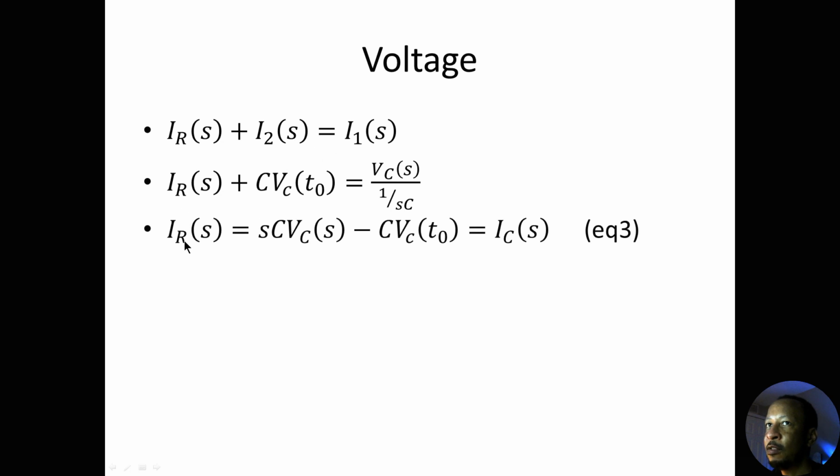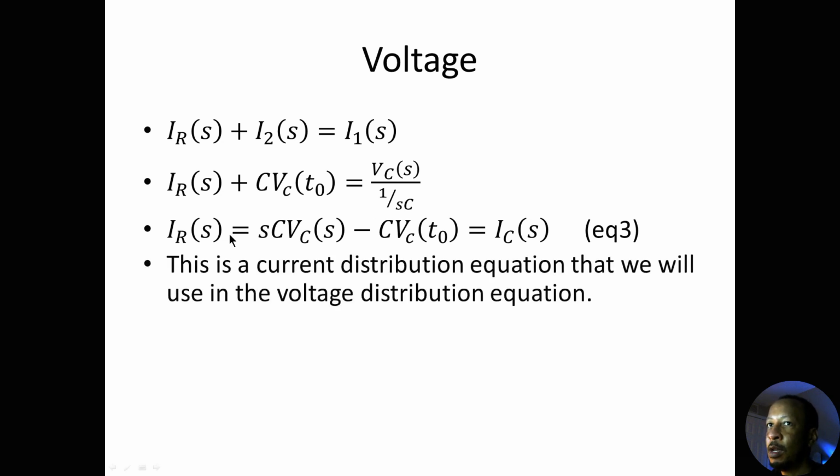And then I'm going to isolate IR of S and have IR of S equal SC VC of S minus C VC of T sub 0, which is also equal to IC of S according to the schematic. And that is our equation 3. So this is a current distribution equation that we will use in the voltage distribution equation.